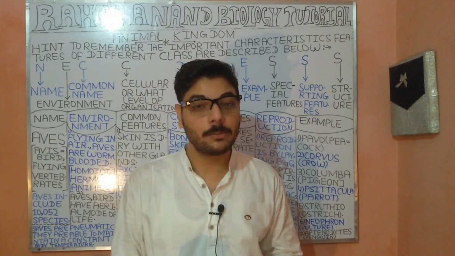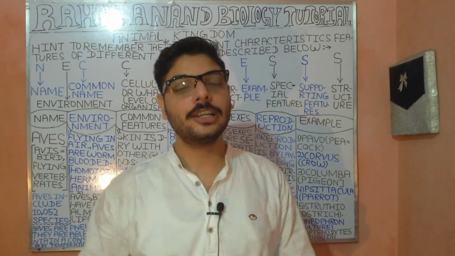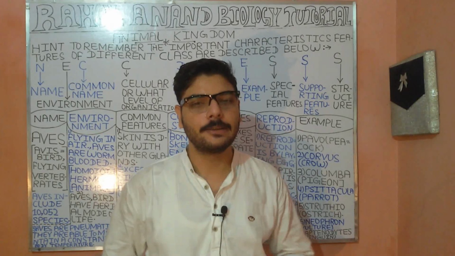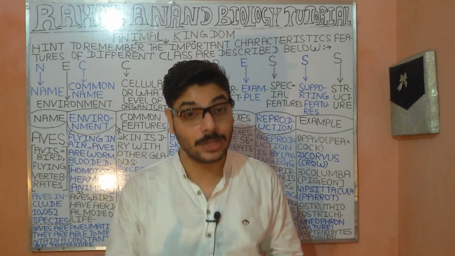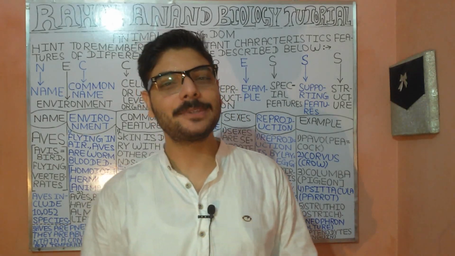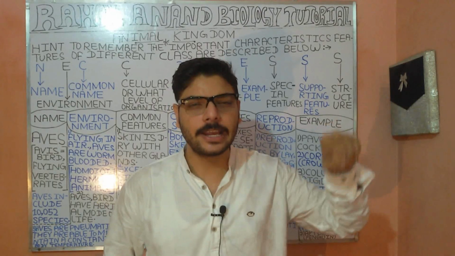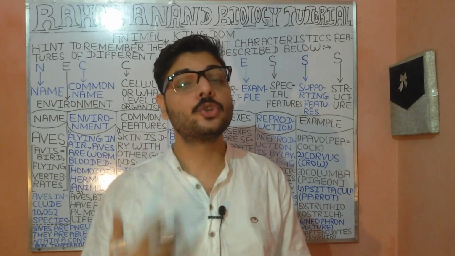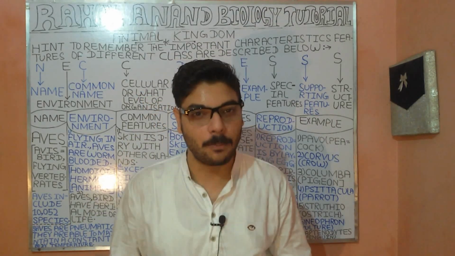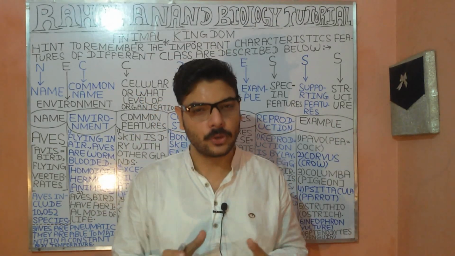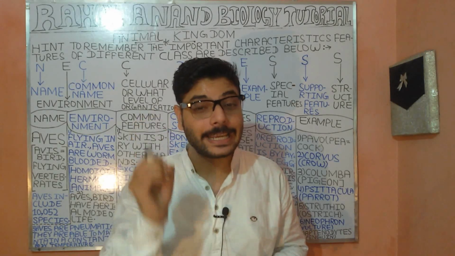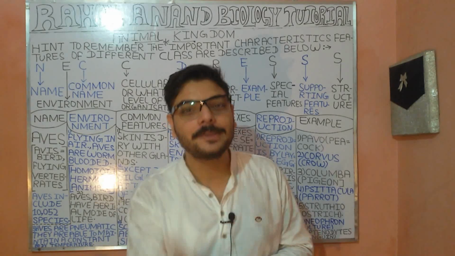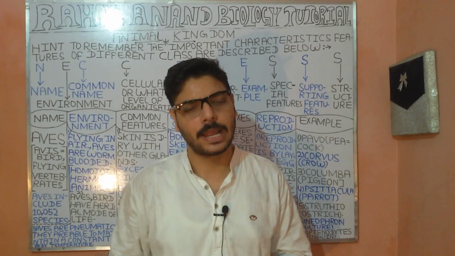Again, when we talk about the next term, here we will be dealing with the environment. The Aves fly in the air, and the Aves are warm-blooded. Thus the Aves are called homeothermals. Understood? Aves are warm-blooded, thus they are called homeothermals, and they perform the aerial mode of life.